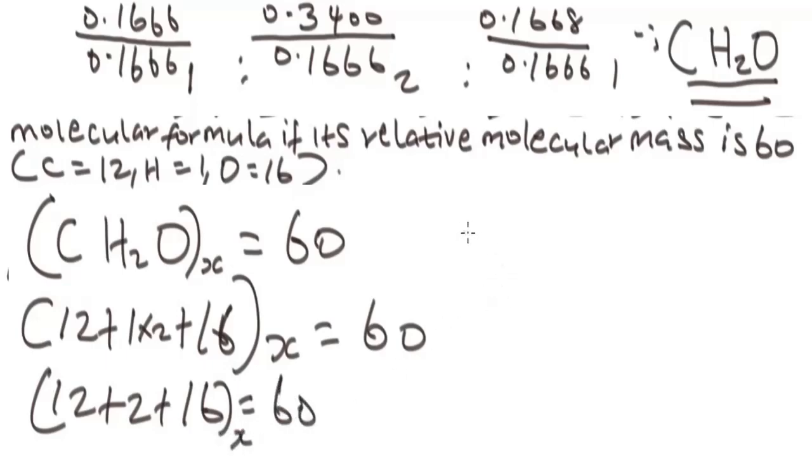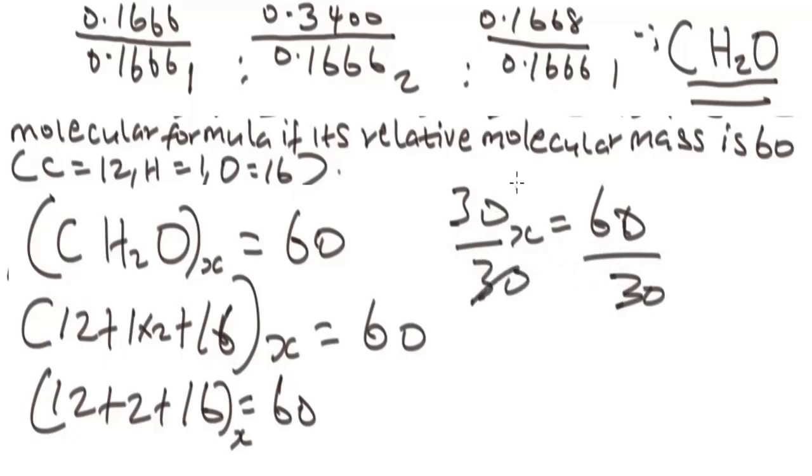Breaking it down further, 12 plus 2 gives us 14, and 14 plus 16 gives us 30. So 30x equals 60. To get the value of x, you divide both sides by 30. Therefore our x will be 2.